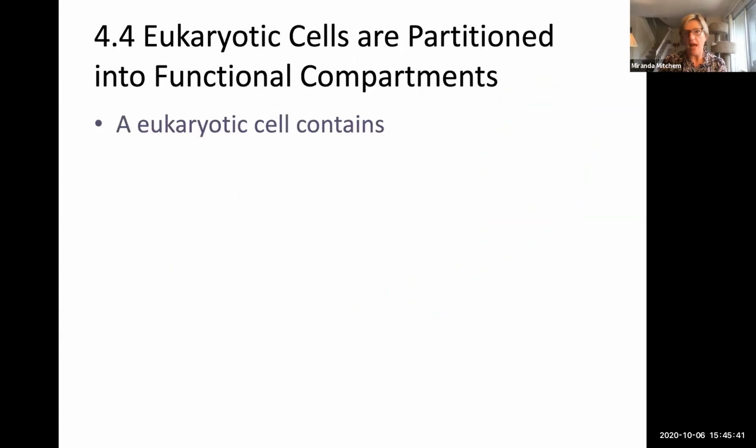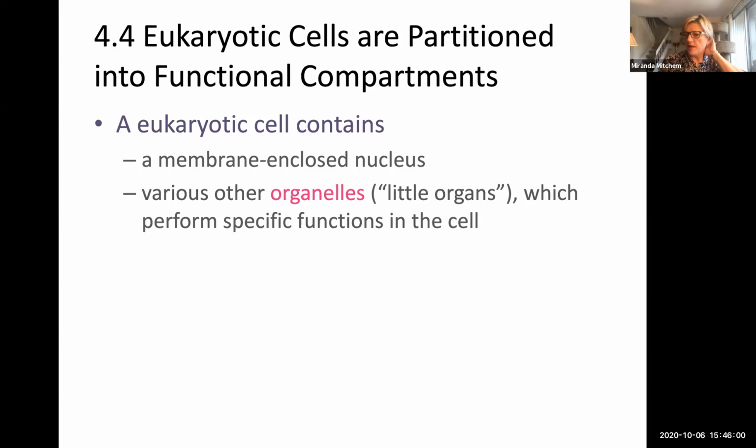All right, so now we're going to move to eukaryotes. And for the rest of this module, that is what we will be discussing. The eukaryotic cell is distinguished by the presence of that nucleus with its nuclear membrane. And then depending upon which type of eukaryotic cell we're talking about, there are a variety of other organelles.